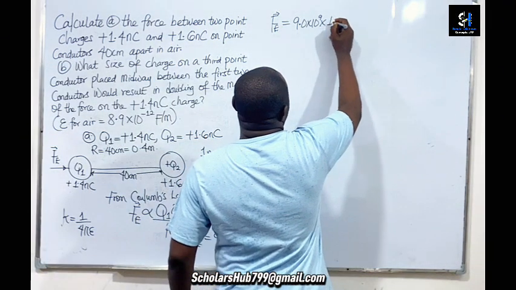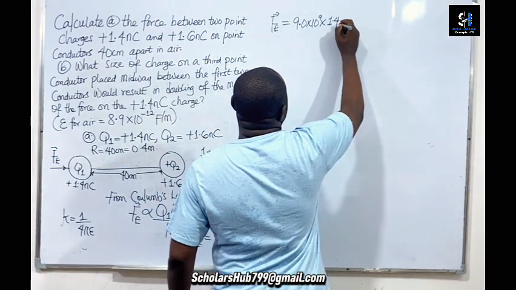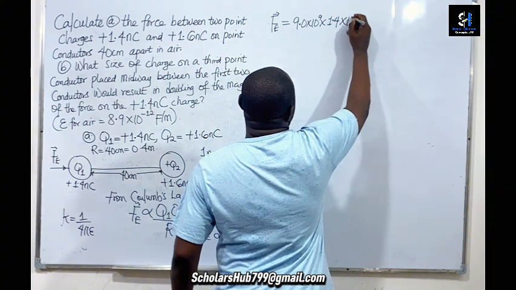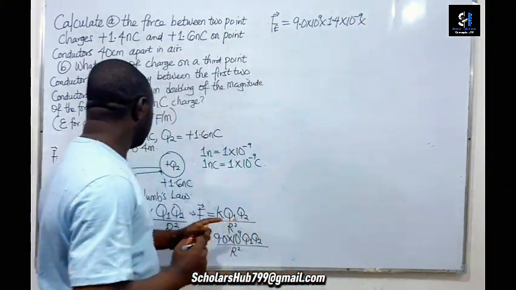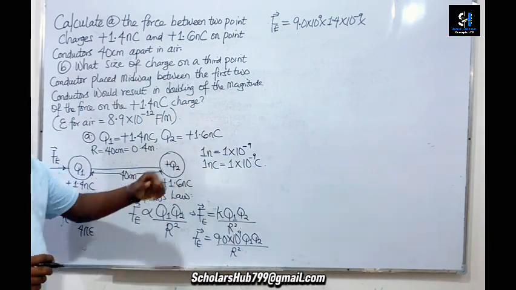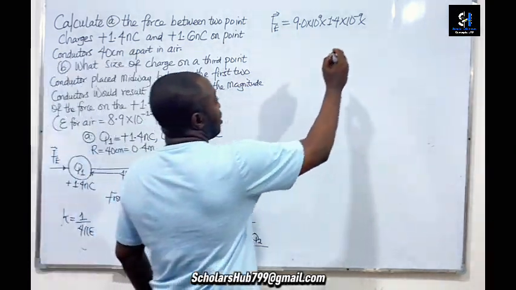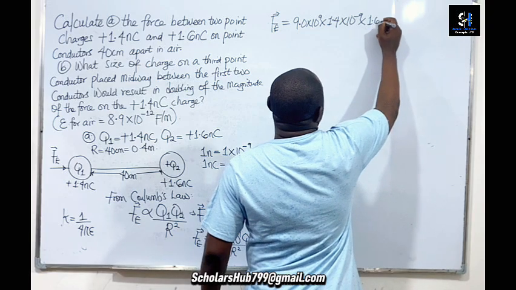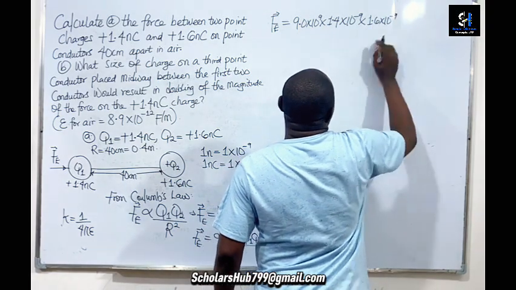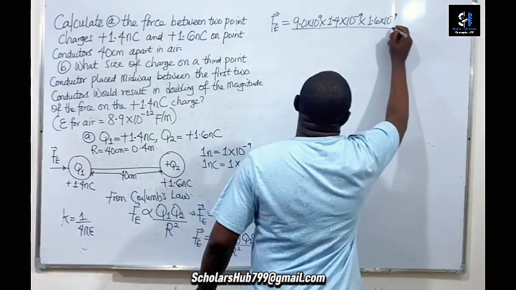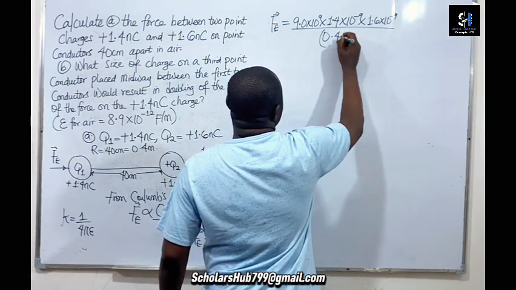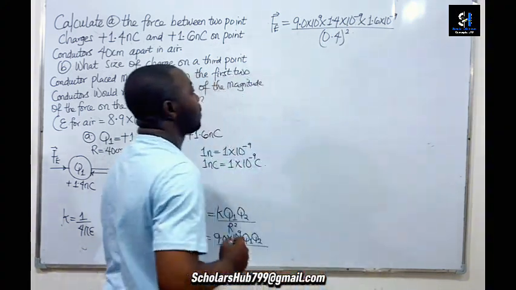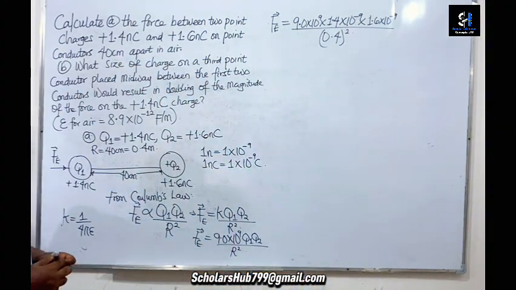This will be 1.4 times 10 to the power of minus 9, then multiplied by Q2, which is positive 1.6 nanocoulombs, and this would be 1.6 times 10 to the power of minus 9, all over 0.4 raised to the power of 2.